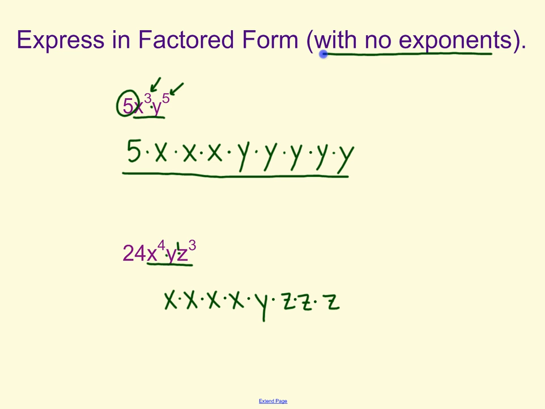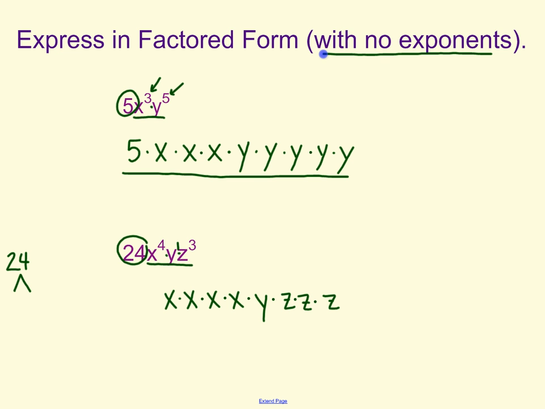Alright, so now let's talk about this 24. Is 24 a prime number? No, it is not, because it has more factors besides 1 and itself. So the easiest thing to do is off on the side, just go ahead and do your prime factorization of 24.